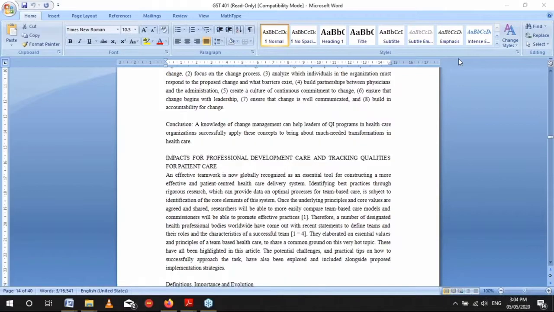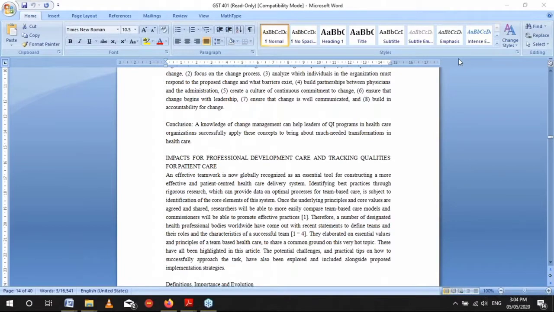Another key element, you must ensure that change begins with leadership. Then you need to ensure that change is well communicated.